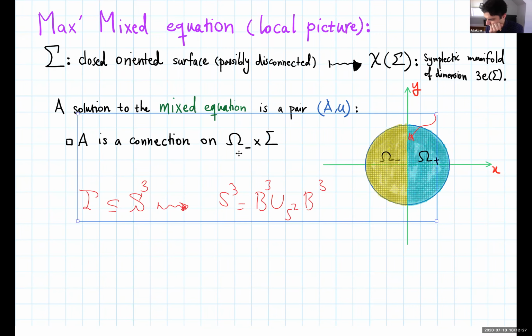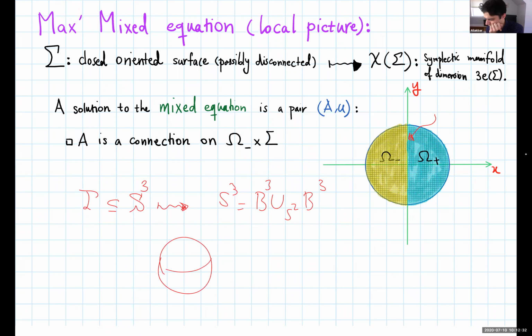But then your web would intersect the boundary. So this is not even a web. This is not a good picture. Okay. Maybe you have something like this, and so here the correct symplectic manifold.